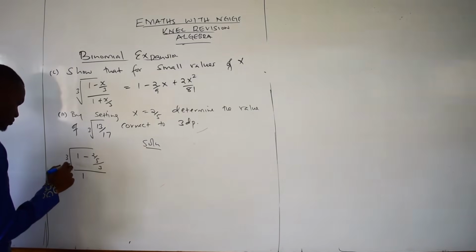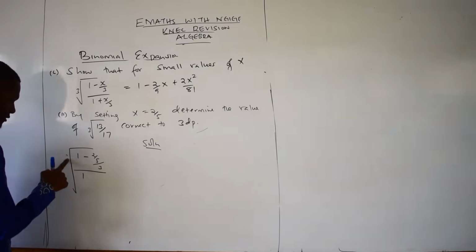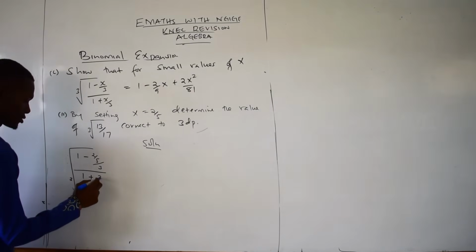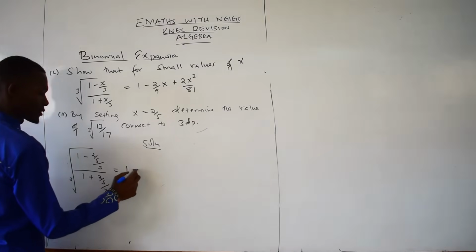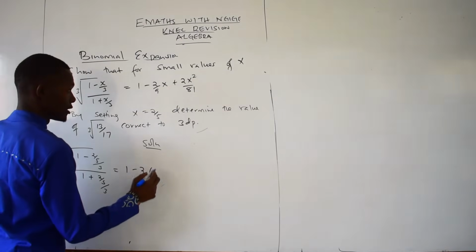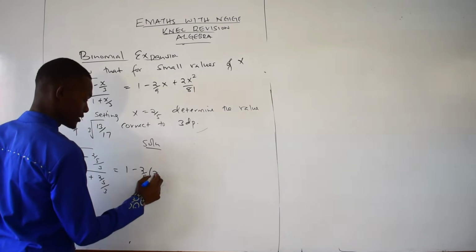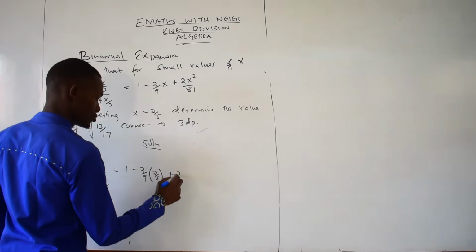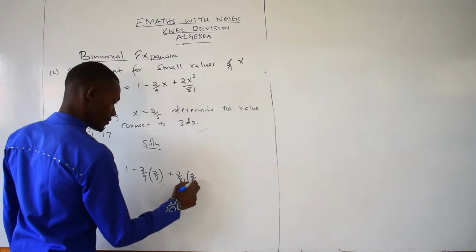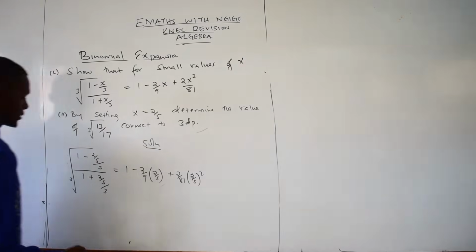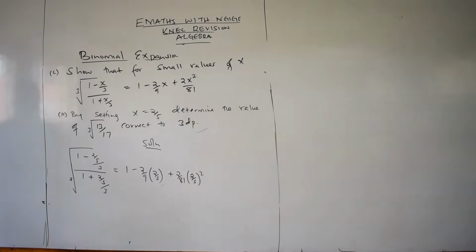Remember this cube root is over everything, yeah? It becomes clear. That is given by 1 minus 2 over 9. Our value for x is 2 over 5, then plus 2 over 81, then x squared is 2 over 5 squared.